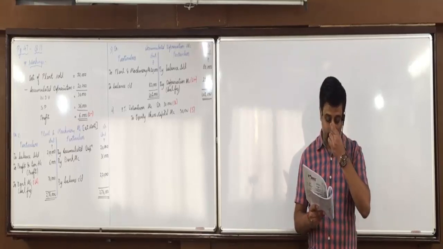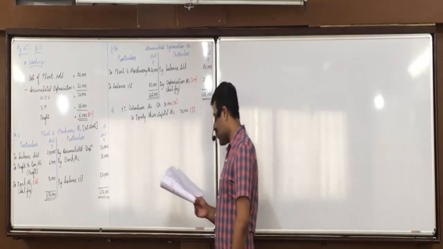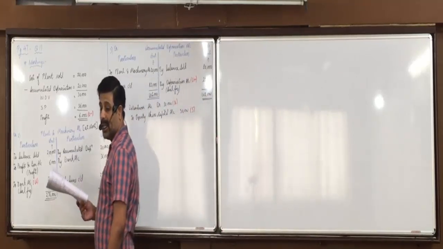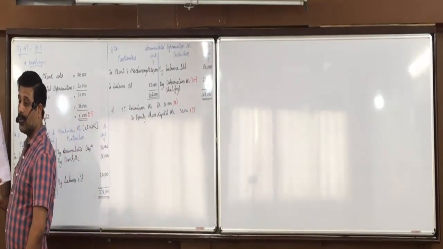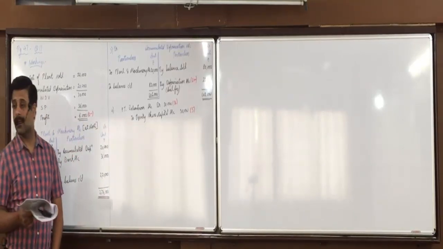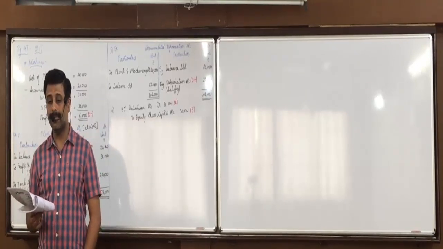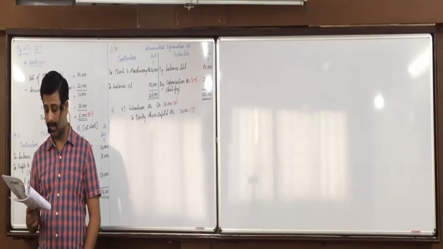Adjustment 3. The company further issued 5,000 shares of 10 each at a premium of ₹1 per share during the year. Quite simple one. 55,000.